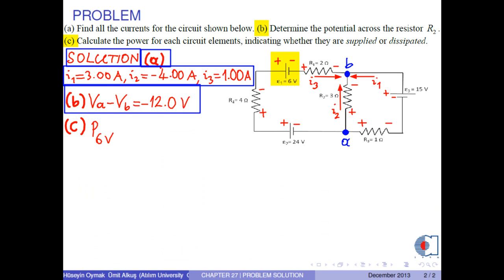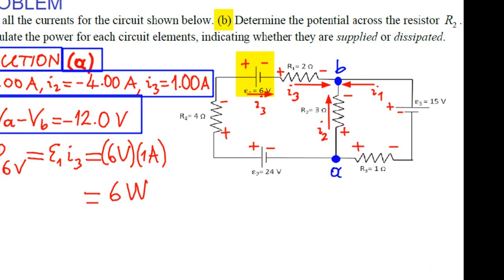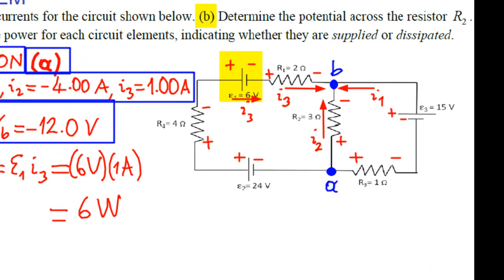The power for battery 1 is calculated by the formula epsilon 1 times I3. With the numerical values, we have 6 watts. And because the current flows from high potential to low potential, this power is dissipated.